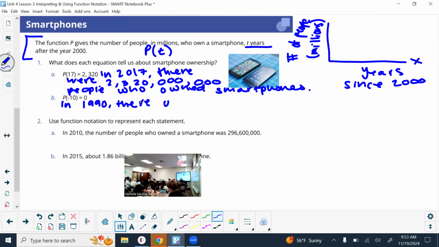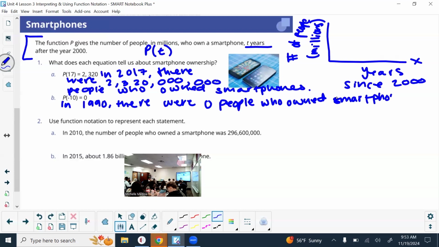Okay, you could say there were 0 people who owned smartphones. You could say nobody owned a smartphone, because that is the normal everyday language you'd probably say. There were 0 people who owned smartphones. So when you are interpreting them, probably mention both units. Questions, comments, concerns?